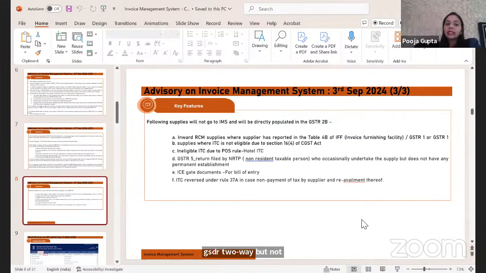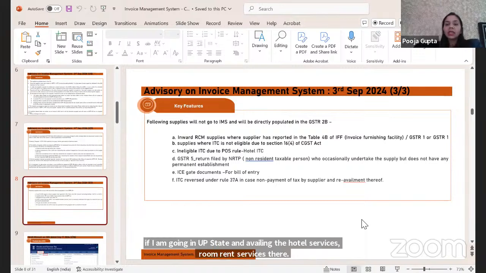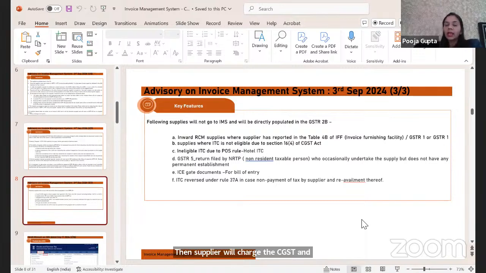Next is ineligible ITC on account of place of supply. Let's take one example. I have a GST registration in the state of Haryana, but I go to UP and avail hotel room rent services there. The supplier will charge CGST and SGST, and the place of supply will be UP only.